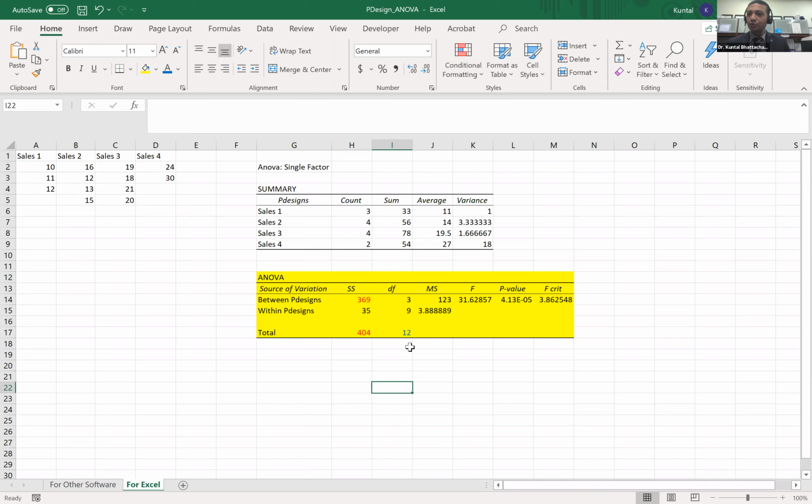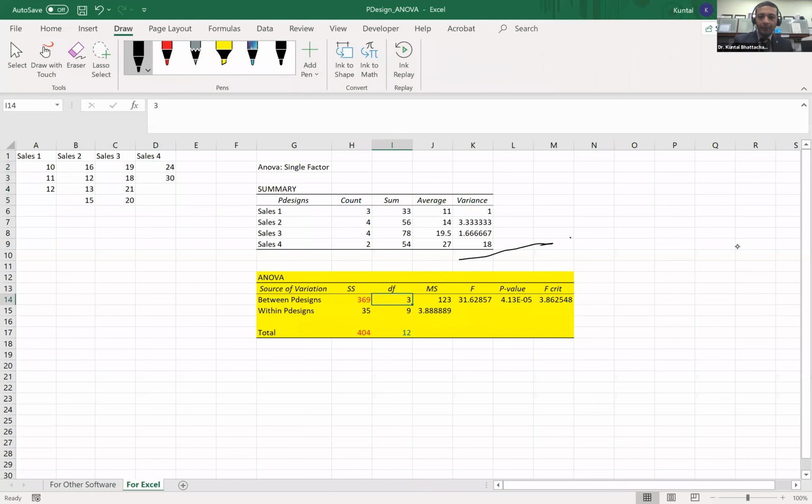How many package designs are there? 4. And therefore, the corresponding degrees of freedom is C minus 1, which equals 3. And then the remaining is, of course, your degrees of freedom for the within part or the error part, that's 9. The mean square, as I said, is that SS divided by 3.